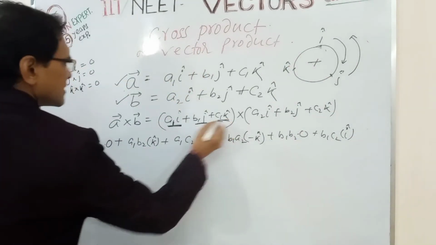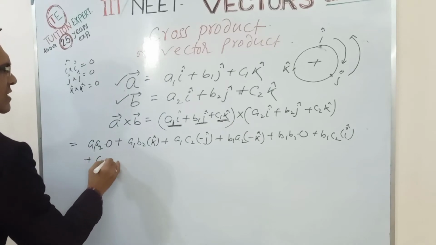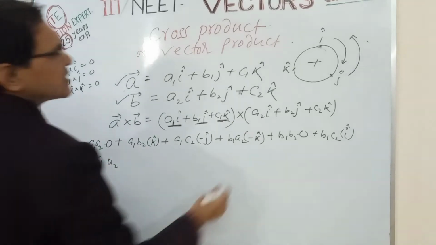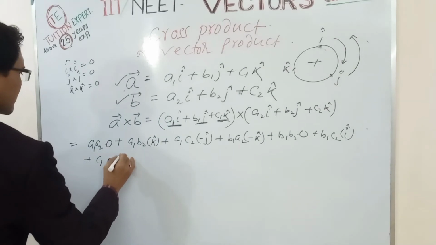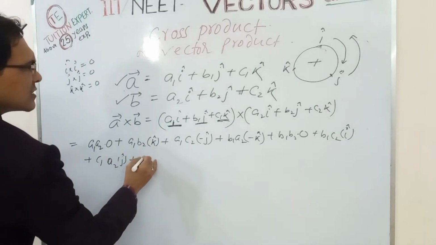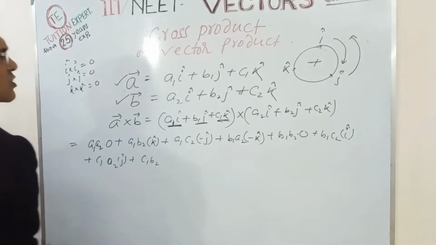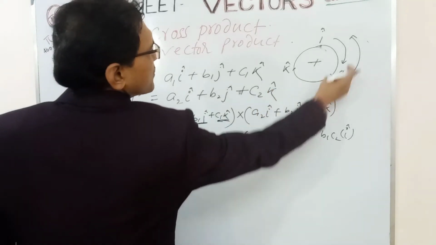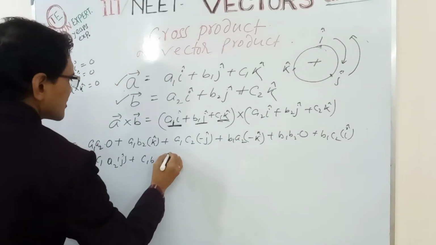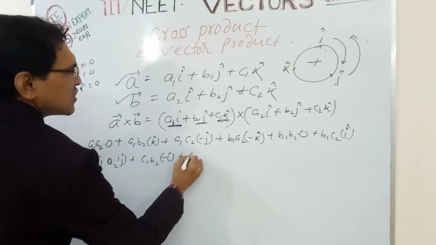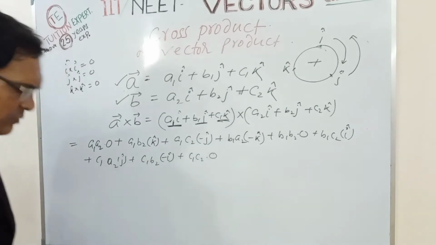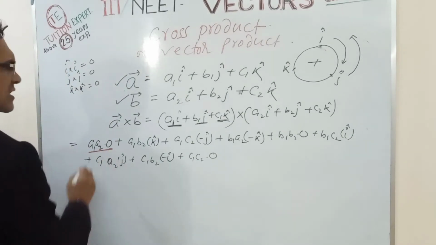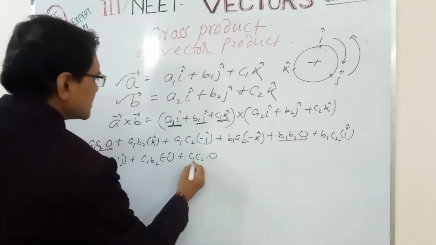Next this, c1 a2 k cross i will be plus j, plus c1 b2 k cross j will be minus i, plus c1 c2 into 0. So some vector becomes 0, this result 0, this 0, this 0.